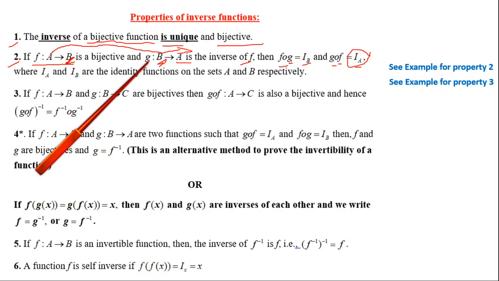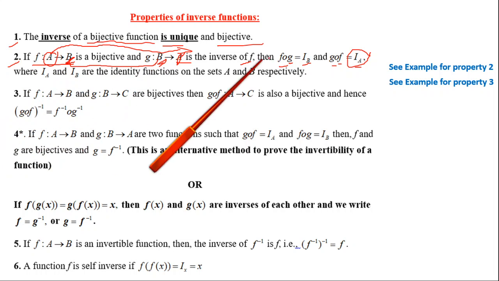And here, if you see, g is from B to A and f is from A to B, so here the codomain is A, and here the domain is A. So we will have one function, g composite f, from B to B, and that will be equal to an identity function in set B.